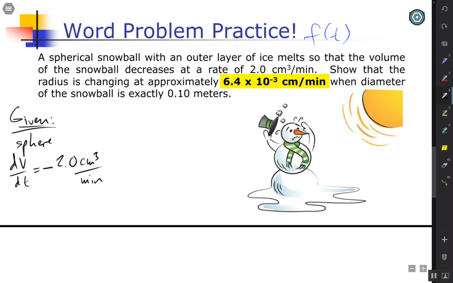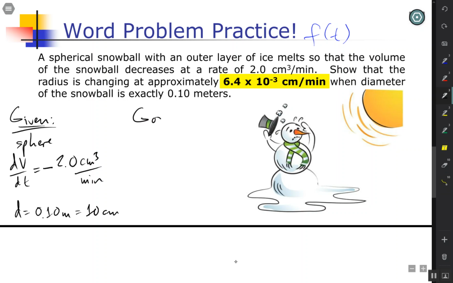And our snapshot in time is finding the rate of change of the radius when the diameter, rather, not the radius, is 0.10 meters or 10 centimeters.